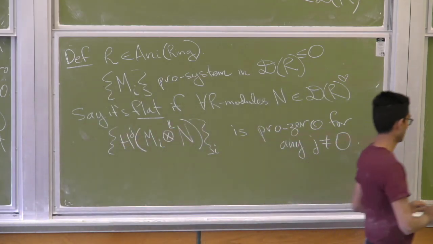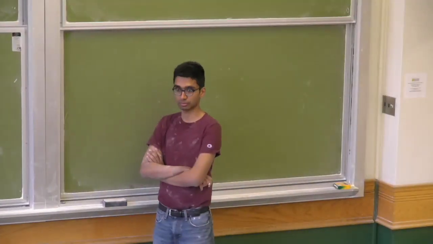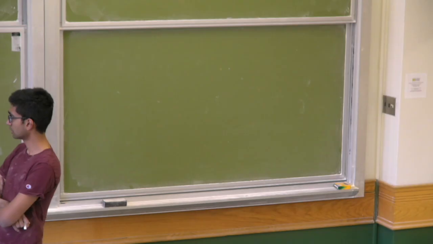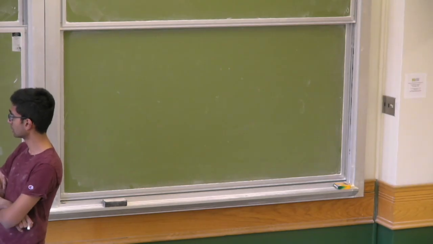Suppose R is a usual ring, for instance, then we can still consider prosystems of complexes.